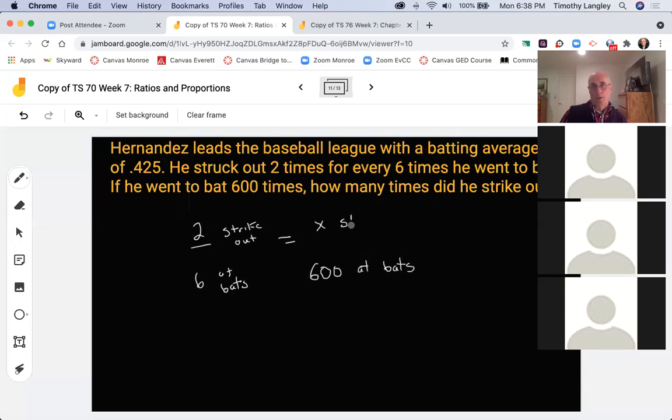That's how you would set that up, and you're ready to rock and roll. So then you would have 6x equals 1200 and divide both sides by 6. You would have 6x equals 1200.